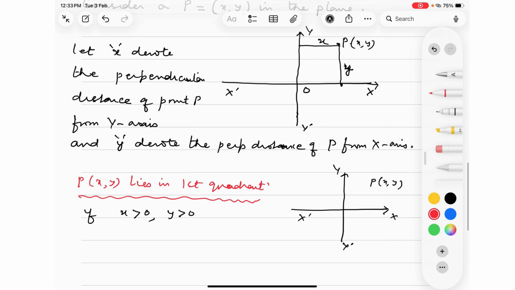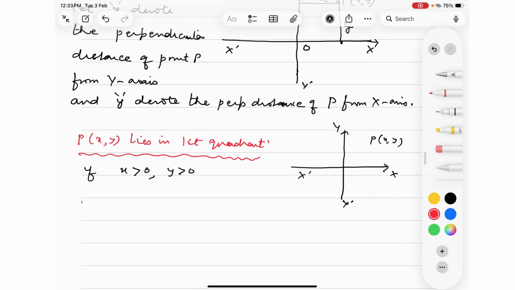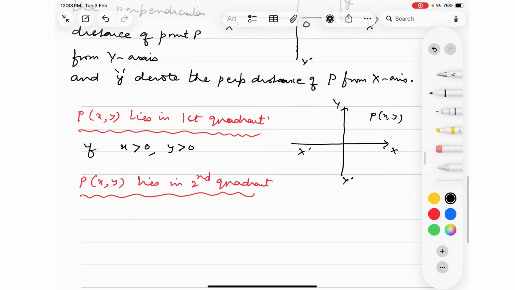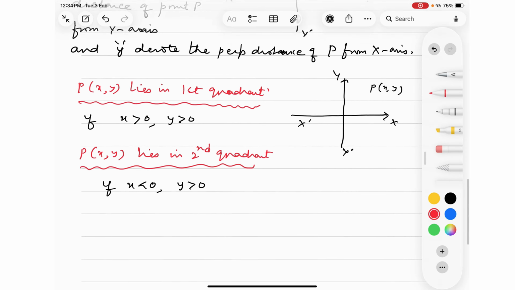Now, if P (x, y) lies in the second quadrant, how do you know? Remember, x should be less than 0 and y should be greater than 0.